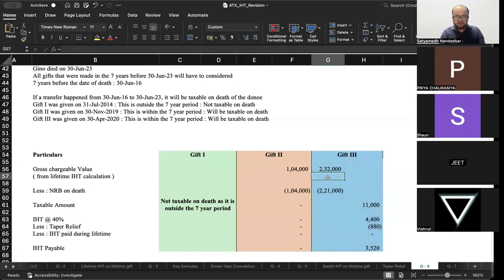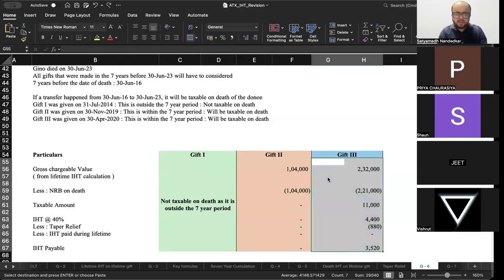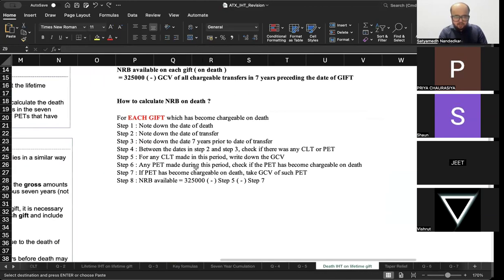The formula very clearly says that you should take 325 minus GCV of all those transfers that became chargeable on death. क्या लिखा था यहाँ पे? NRB available is 325 minus step 5 for any CLT made during the period, GCV of that CLT, and if a PET has become chargeable on death, then the GCV of such PET.